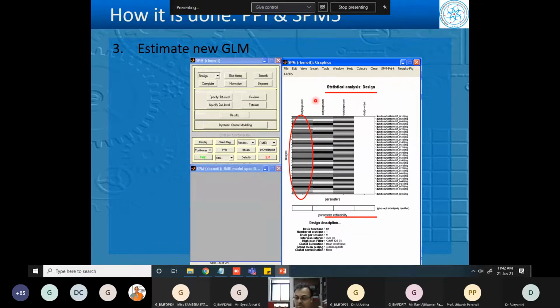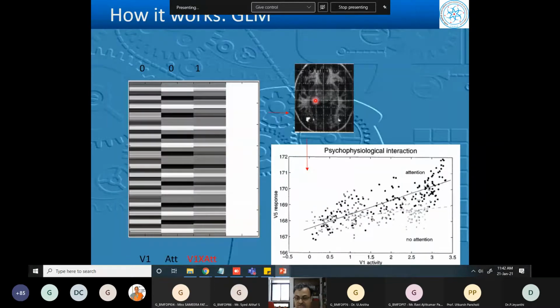And so what we do is we define one region of interest, let's say the primary visual cortex, and find the average activity in that. Then you look at the rest of the brain and see whoever is changing the correlation, right?